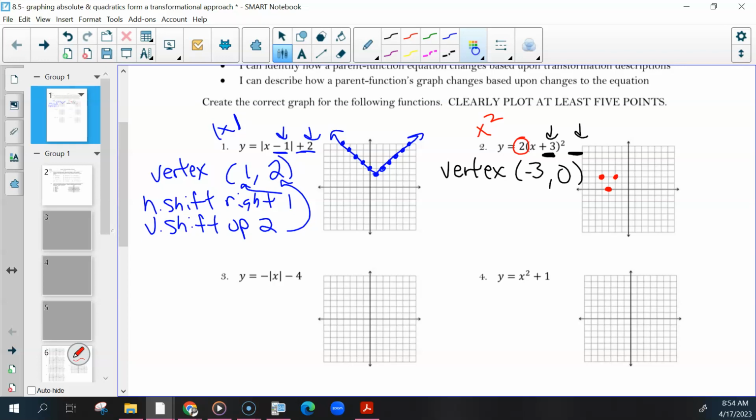And then if before it went right 2, up 4, that 4 is going to be multiplied by 2, so now it's going to go right 2, up 8. Kind of off the graph, and then left 2, up 8. So we can see that vertical stretch towards the y-axis.